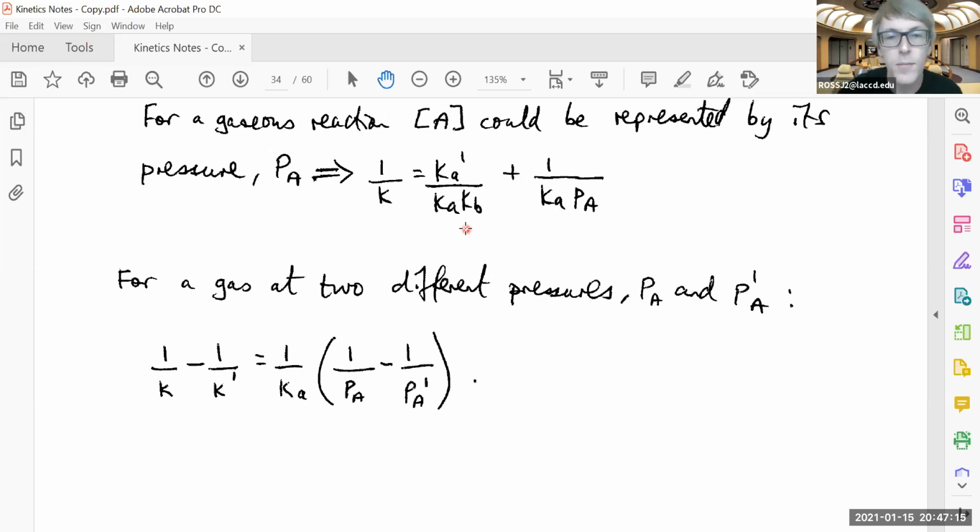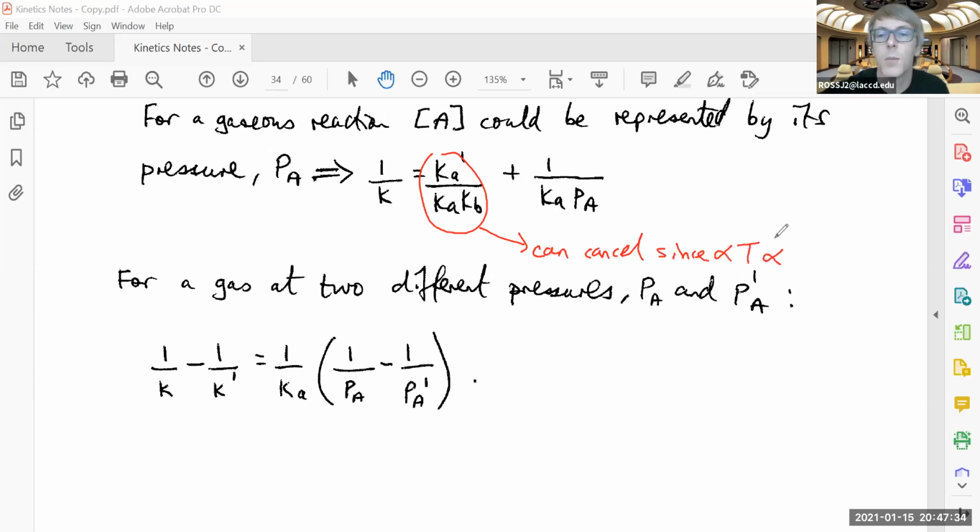So these would cancel, since they are proportional to T, but not proportional to pressure. And we're not changing the temperature, we're just changing the pressure. And so we can have this expression down here. And now we're just going to plug some numbers in here. So let's see on the next page what that looks like.